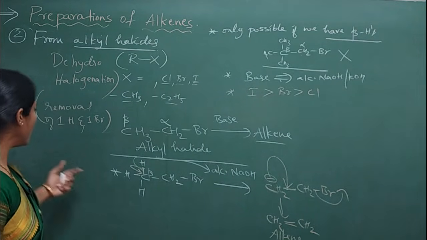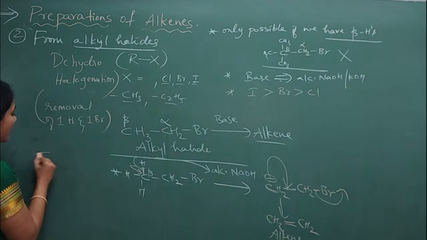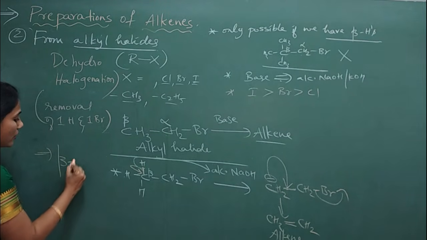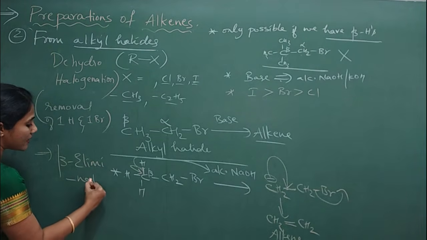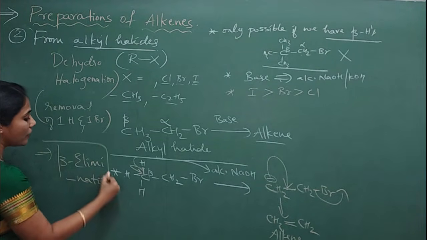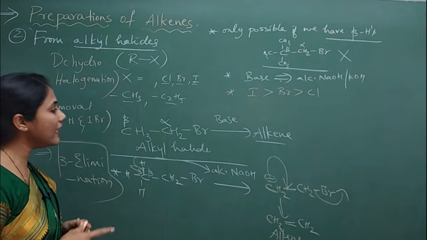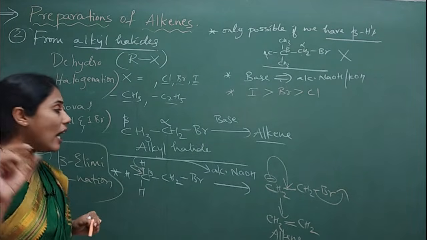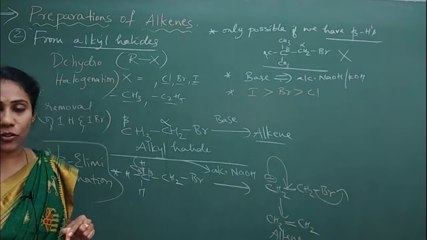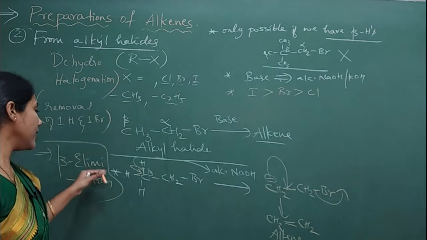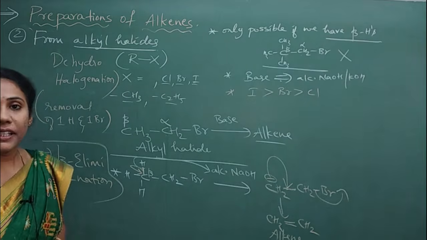Okay, and we can also call this reaction β-Elimination. So this is another name for this reaction. Why do we call it β-Elimination? Because we are removing beta hydrogen. We are eliminating beta hydrogen. So that is the reason it can be called β-Elimination.